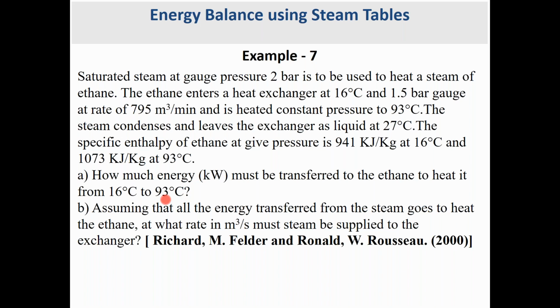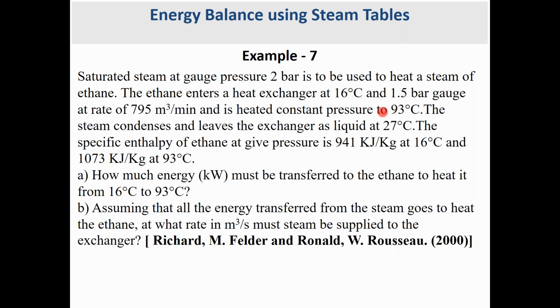So first we have to start with the flow diagram of the process. We have a heat exchanger. For sure, you have one cold stream, you have one hot stream. The cold stream, ethane, starts at 16 and should be heated up and leave at 93.